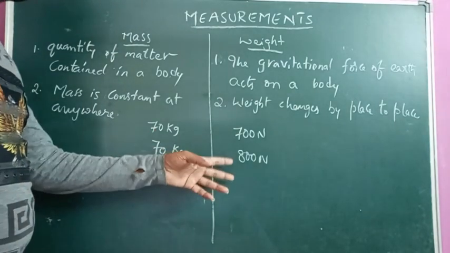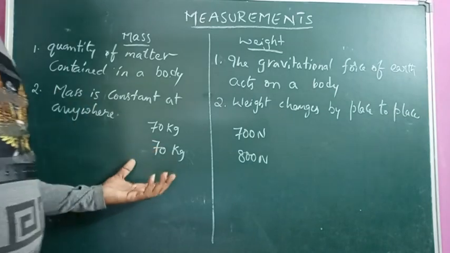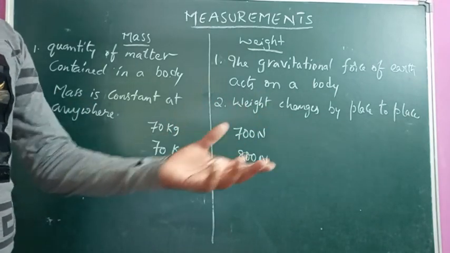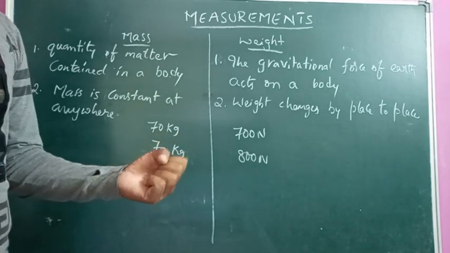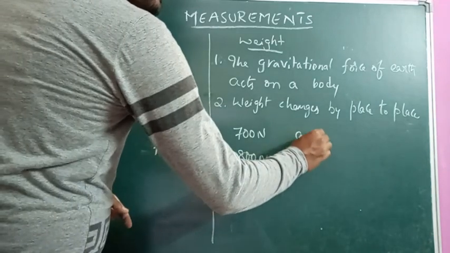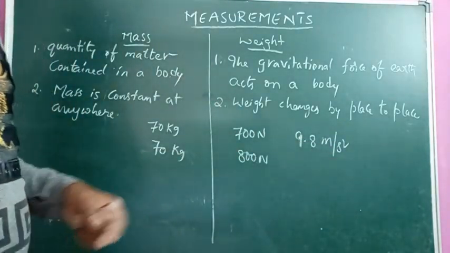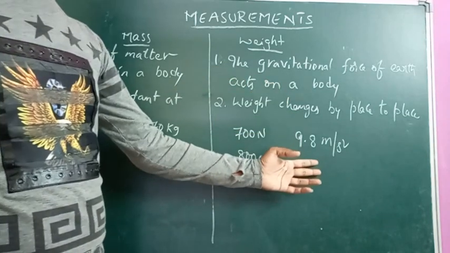Or else if we take this mass to the moon or any planet in the universe, it depends upon the gravity. Our Earth's acceleration due to gravity is 9.8 meters per second squared.